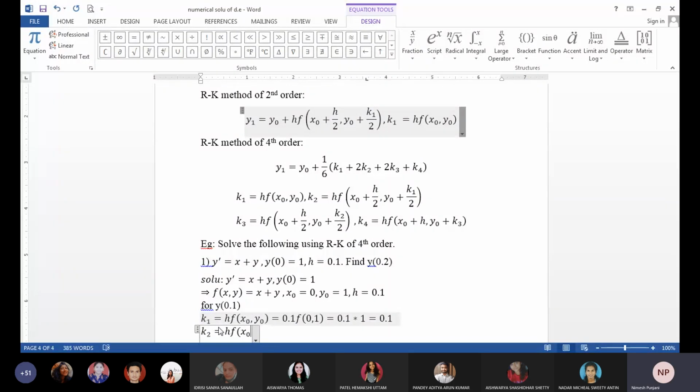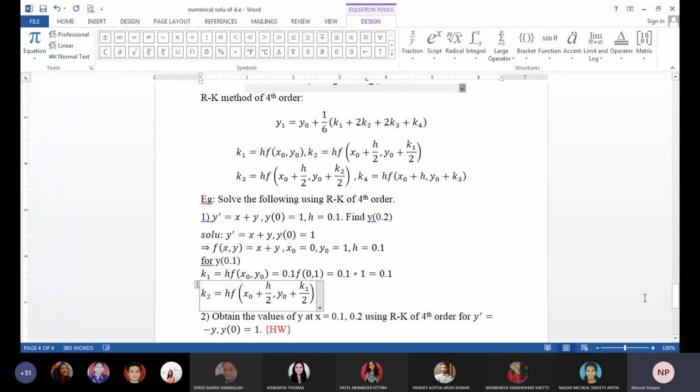K2 is h f of x0 plus h by 2, y0 plus k1 by 2. तो मेरा h कितना है? 0.1. x0 तो 0 है, so 0.1 divided by 2 comma y0 is 1 plus k1 by 2.